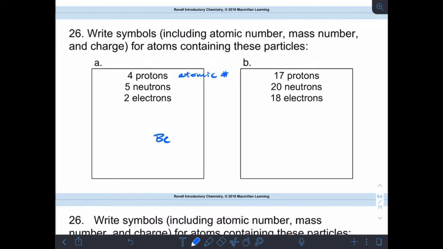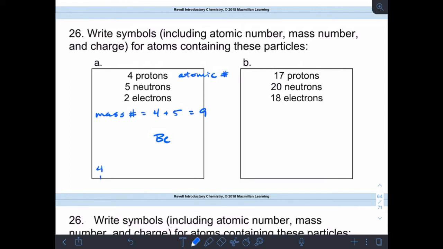So now the mass number is 4 protons plus 5 neutrons. Gives us a mass number of 9. Okay, and then let's figure out the charge. So I'm going to go below here.